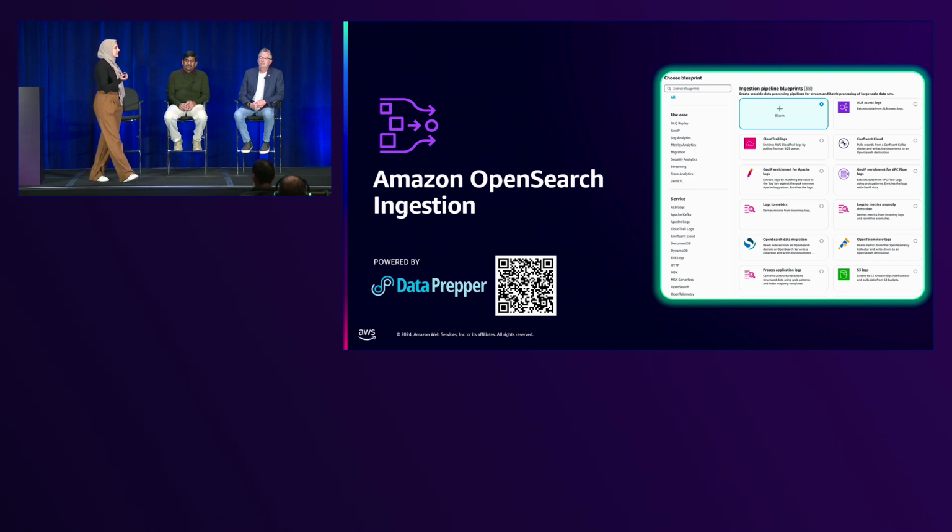To remove the heavy lifting, AWS introduced the Amazon OpenSearch Ingestion service. It is a fully managed pay-as-you-go data ingestion service that is powered by DataPrepper. DataPrepper is an open source data collector, part of the OpenSearch open source project.